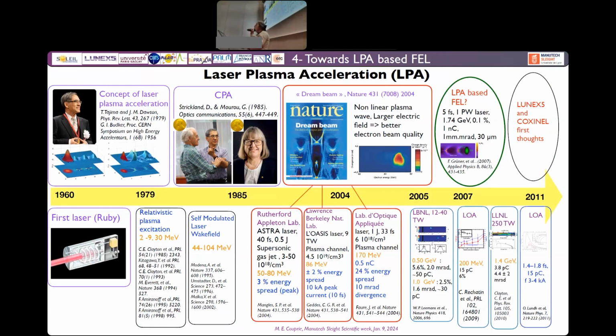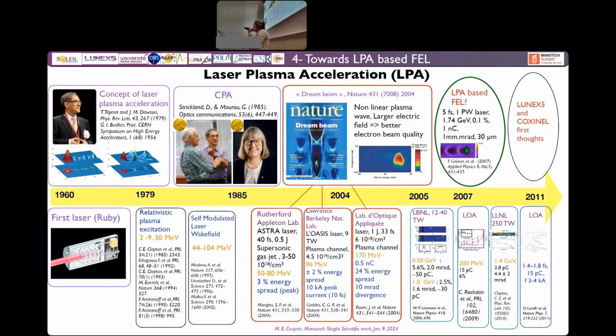A 1 petawatt laser with 5 femtosecond pulse duration, 1.7 GeV, and 0.1% energy spread was considered, much smaller than what has been achieved experimentally. And at SOLEIL, we started to think about whether we could try an experiment together with Laboratoire d'Optique Appliquée. So it's the COXINEL first thoughts in 2011.